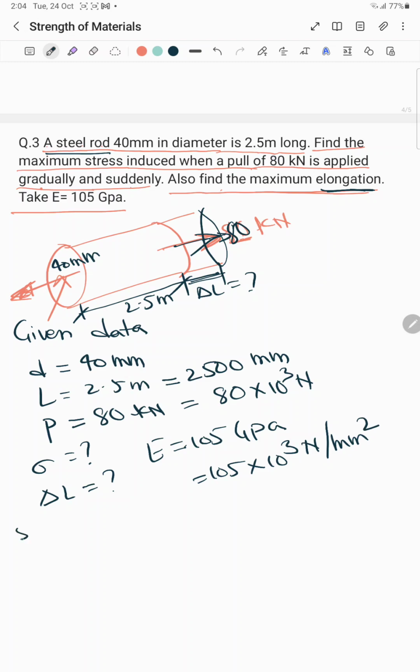So first we will solve for the gradually applied load.